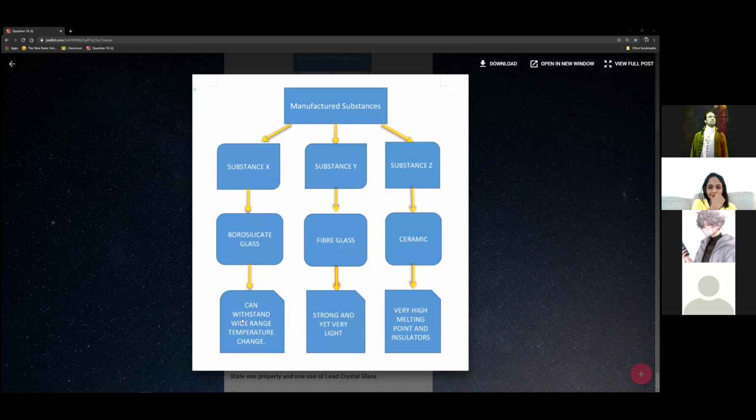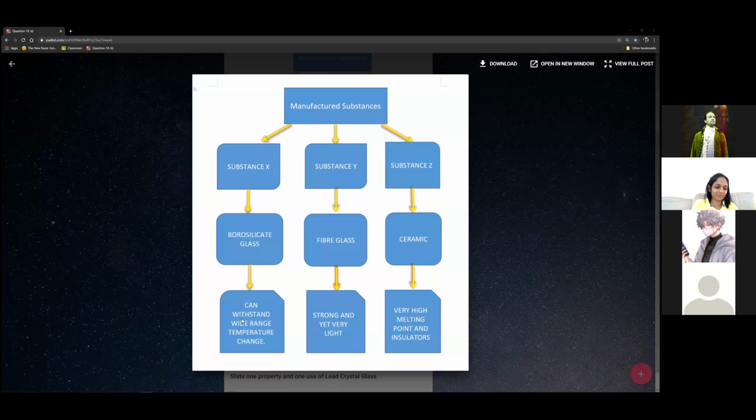Arif? Yes? Can I say high thermal coefficient? Yes, thank you. That is correct. Substance Y is used to make helmets and water storage tanks. Substance Y is fiberglass because it is strong and yet very light. Because obviously, a fiberglass water storage tank would be easier to handle compared to a full metal storage tank.